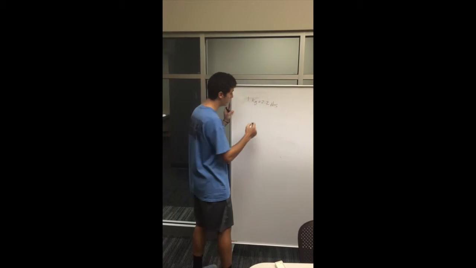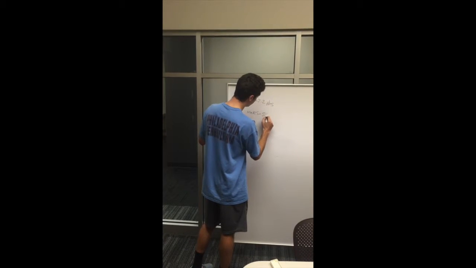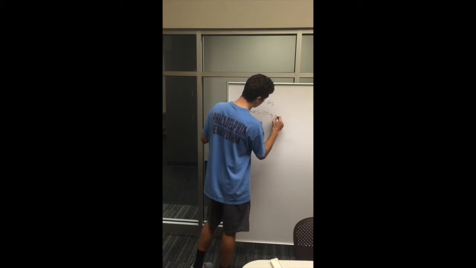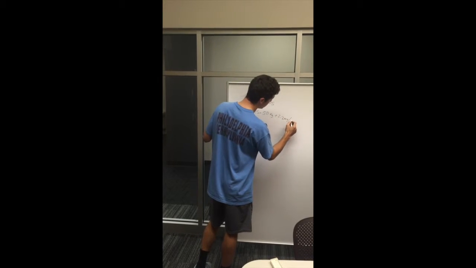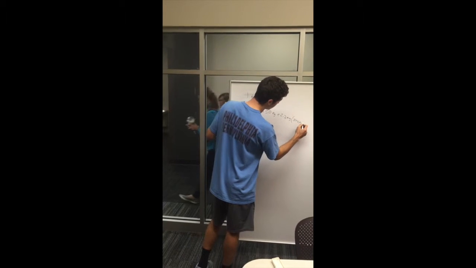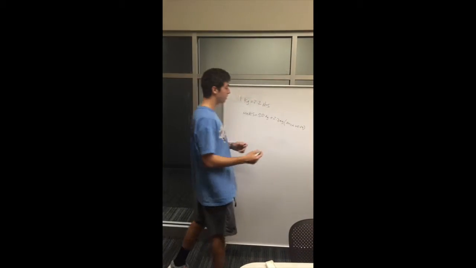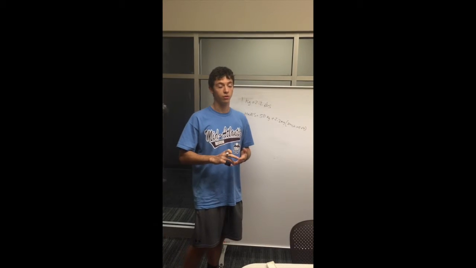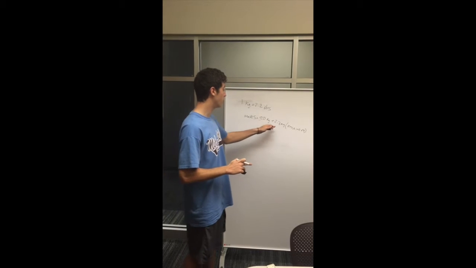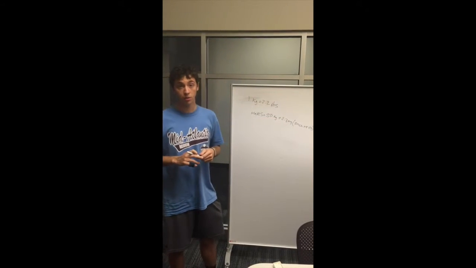So the calculation for males equals 50 kilograms plus 2.3 kilograms times inches greater than 5 feet. What this means is if you're 6 feet tall, you're 12 inches over 5 feet, so you would do 12 times 2.3 plus the 50 kilograms to get your ideal body weight.